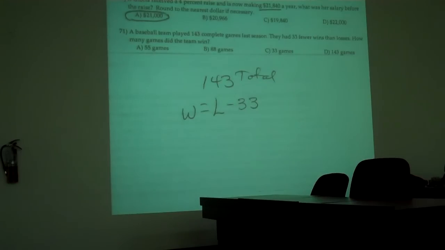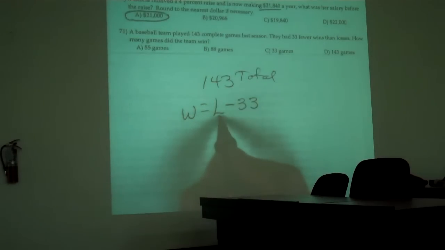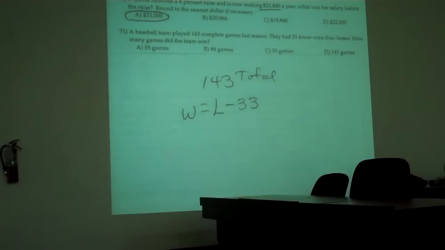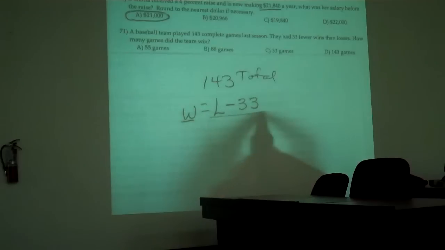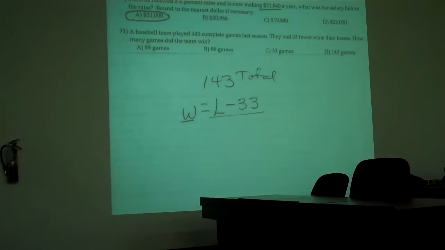Fewer wins than losses. Yes, their losses minus 33. Because if they had 40 losses, 33 fewer wins would be 40 minus 33. Okay, so their wins is their losses minus 33.